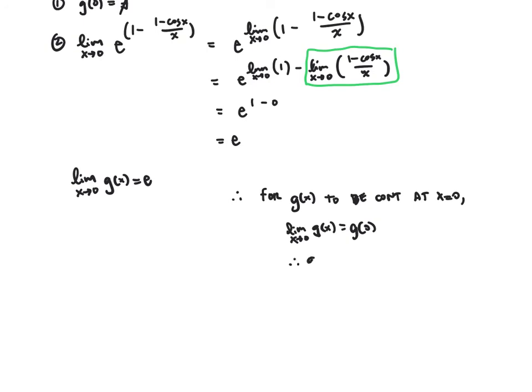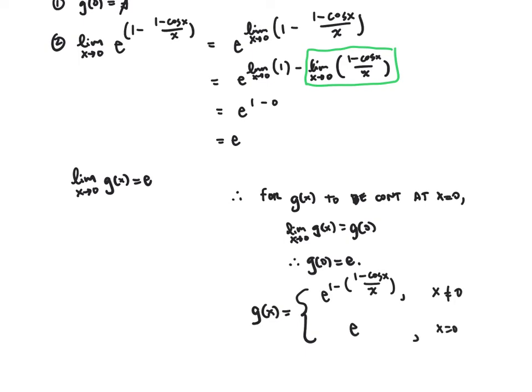Therefore, g of 0 must equal e for continuity. So here's the definition now, redefining g of x. g of x will equal e to the 1 minus cosine of x over x when x is not equal to 0, and when x is equal to 0, we're just going to reassign the value e to that.